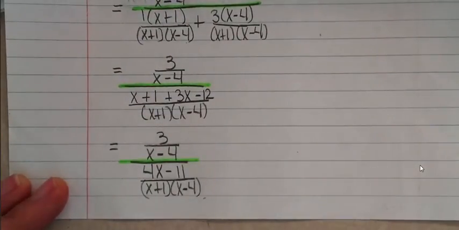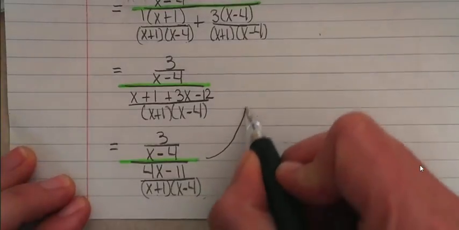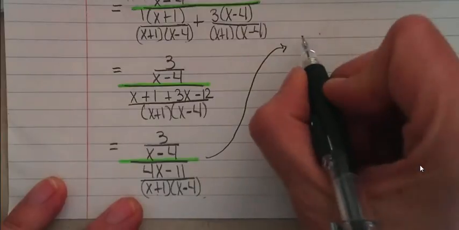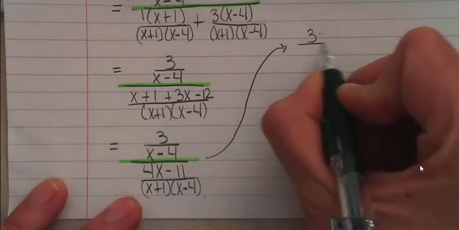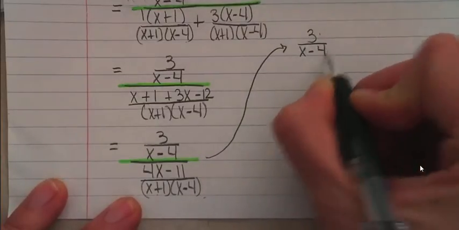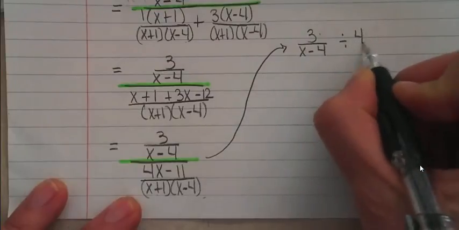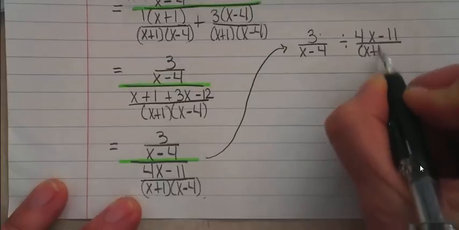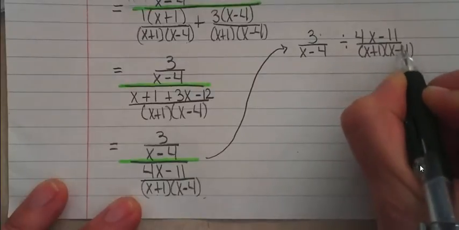I guess you could multiply this out, but I'm not going to because maybe I can factor something out later. So I'm going to come back up here, give myself a little more room. This is really the same thing as, and you don't have to write this, but it might be helpful, 3 over x minus 4 divided by 4x minus 11 over x plus 1 times x minus 4.